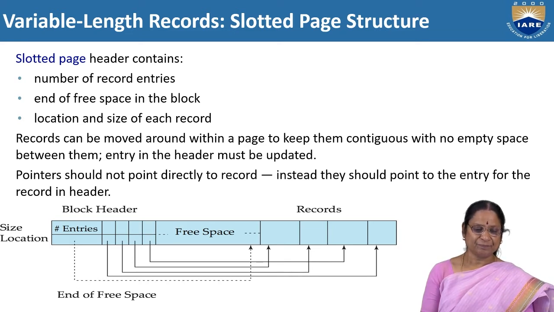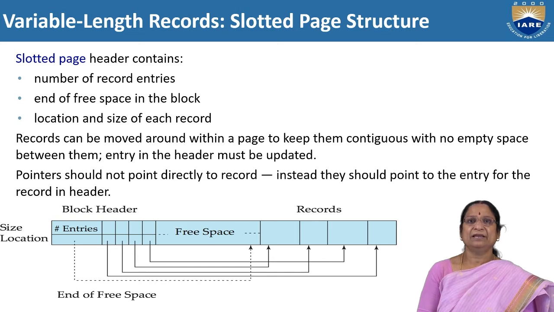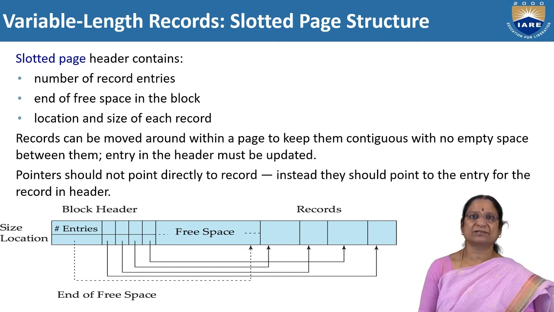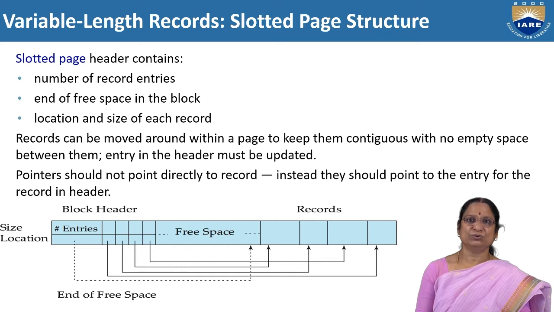In this structure, the records can be moved around within the page to keep them contiguous so that no empty space is there between them. The entire empty space will be just after the header and the data will be stored after this free space. That means the data will be arranged in such a way that the free space occurs at the beginning of the page, right after the header.